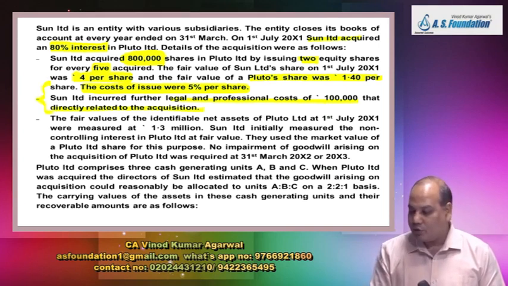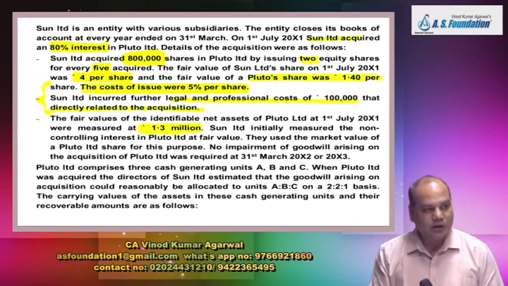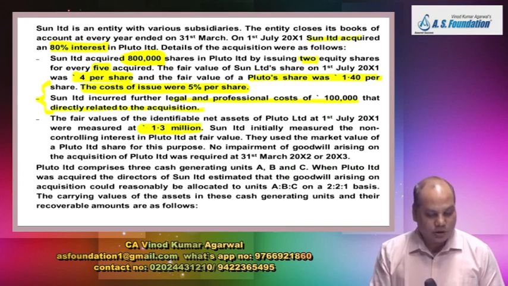The fair value of the identifiable net assets of Pluto Limited on 1st July was measured at 1.3 million. So this is the fair value of the assets acquired. Your calculator is right now showing 1560, that is rupees in 1000, minus 1300. How much is that? Goodwill 260.